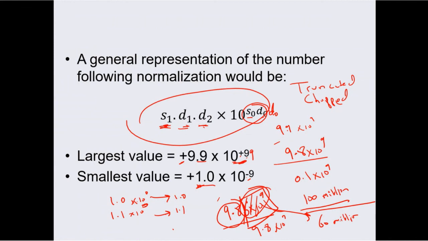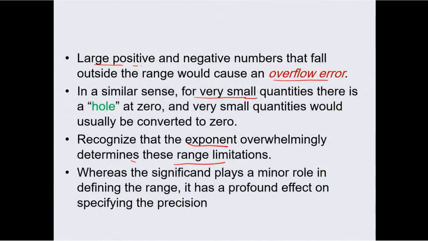So you increase significantly your limit of the range of values that you can define. So the exponent determines the range limitations, whereas the significand or the mantissa plays a minor role in determining the range.